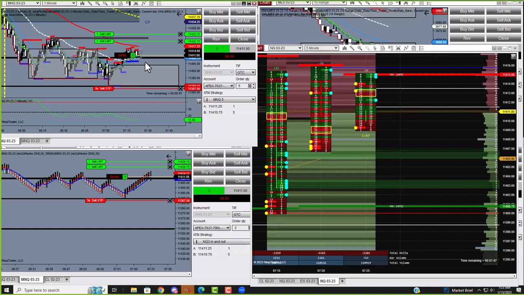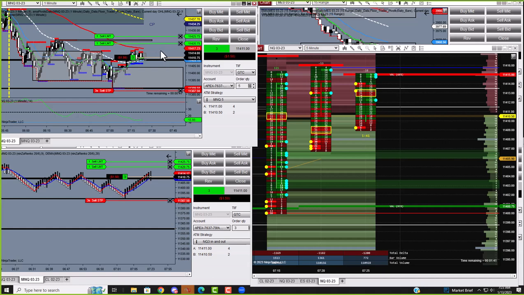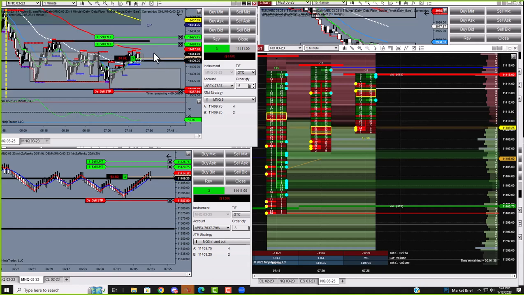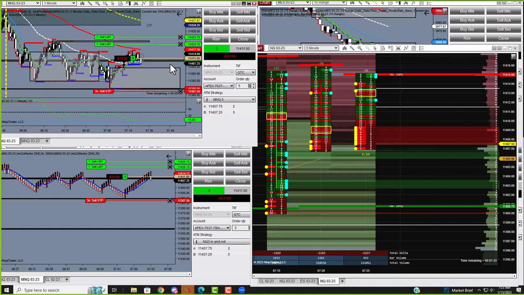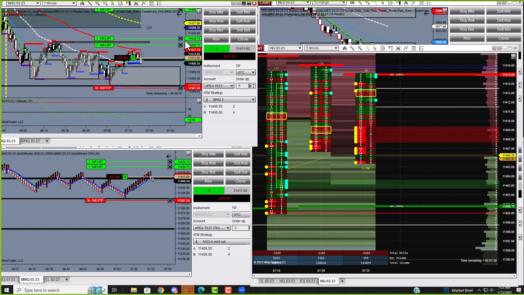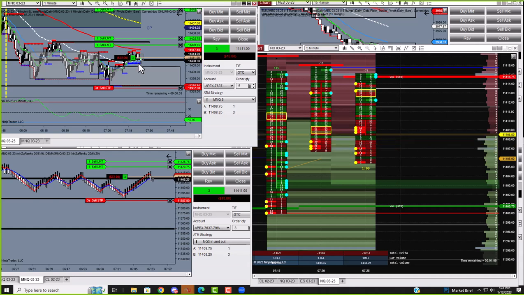Man, 723 and we didn't get any higher. This isn't promising to me, bro. It's not looking good. This may be where they ran it up high enough to sell it. I don't think so, but it could be. I think they're going to want to run the stops on these guys over here.